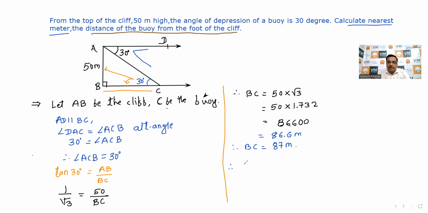So we have to write in statement the distance of the buoy from the foot of the cliff is equal to 87 meter.